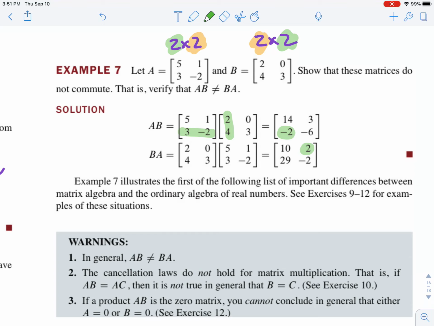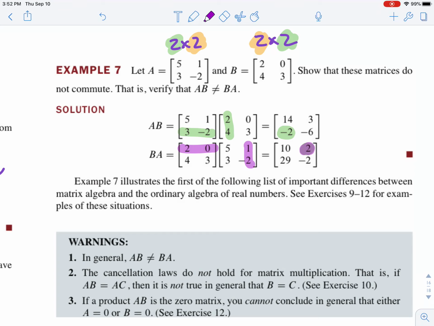So 3 times 2 is 6, minus 2 times 4 is 8, so 6 minus 8 is -2. Right? And then when I go down in the second example, maybe I should change colors. I'm going to do top row, second column, and that's going to give me 2 times 1 plus 0 is 2.